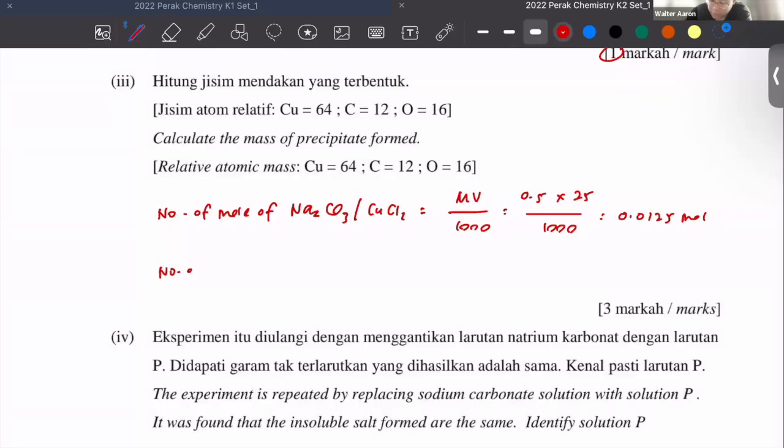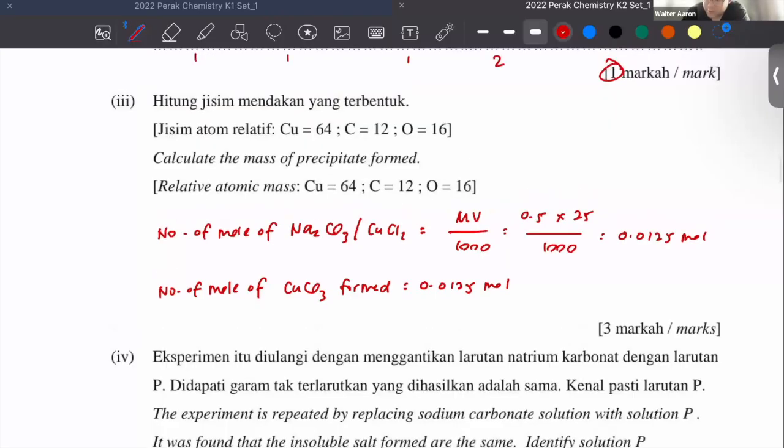Okay, so just have to compare the moles, the ratio. So number of mole of CuCO3 formed will also be 0.0125 mole, right? Because it's a 1-to-1 ratio. And then the next part is to calculate the MR of copper carbonate.